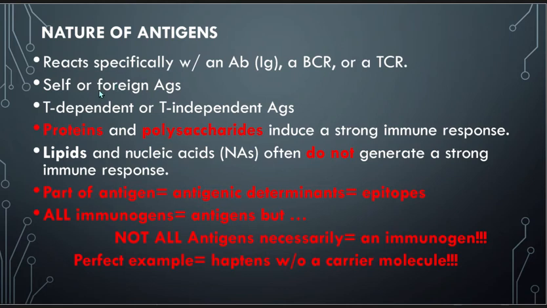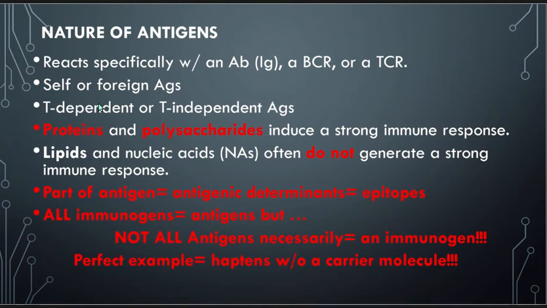T-dependent antigens versus T-independent antigens. So a lot of the antigens that we're talking about today, when we say antigens, are going to be the T-dependent antigens, and they're going to be the ones that B cells are going to require the assistance of T helper cells to be able to be activated.